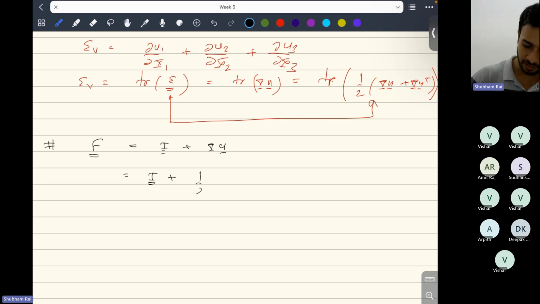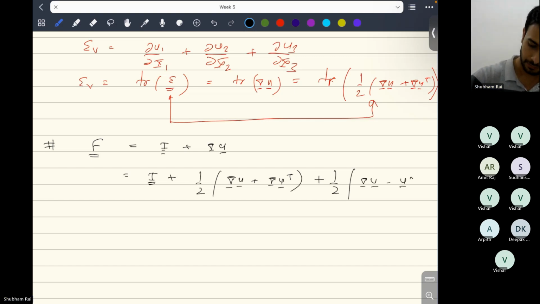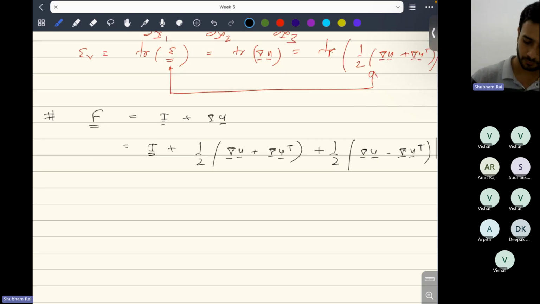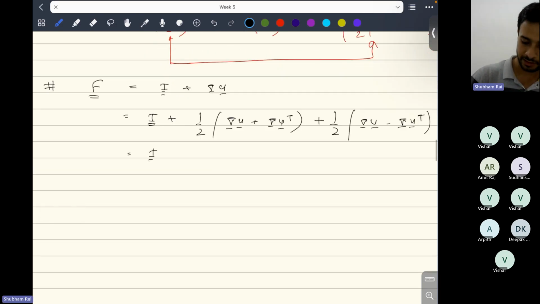The symmetric matrix will be half of grad u plus grad u transpose, and the antisymmetric matrix will be half of grad u minus grad u transpose. You know that the second term is nothing but the infinitesimal strain tensor. The third term you would have studied in the lectures. It is known as the rotation tensor, a local rotation tensor.